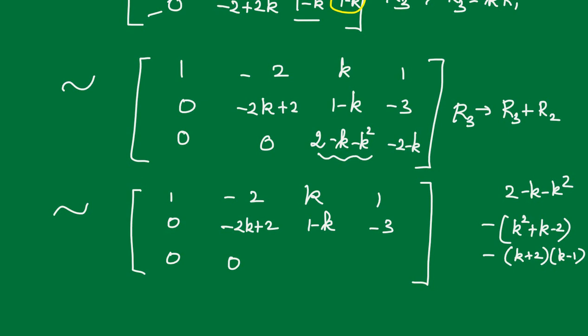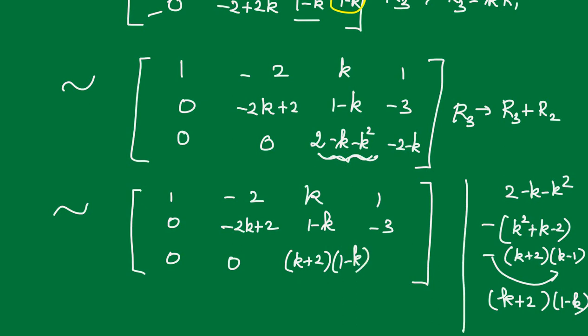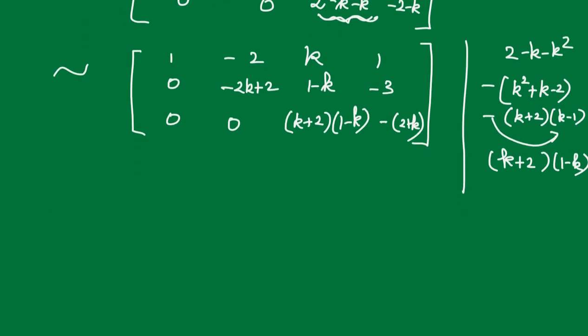Multiplying this minus sign into one of the brackets, we can write it as k plus 2 into 1 minus k. Now this element is minus of 2 plus k. Now it is easy for us to find the solution.